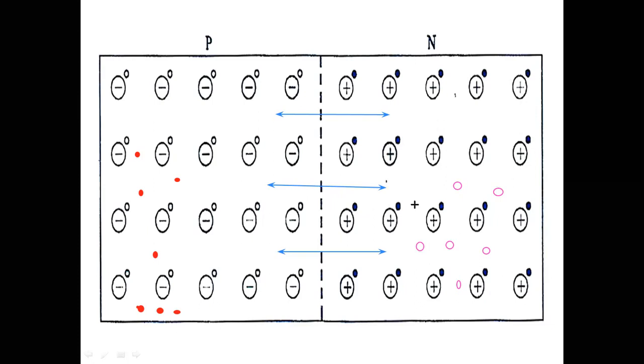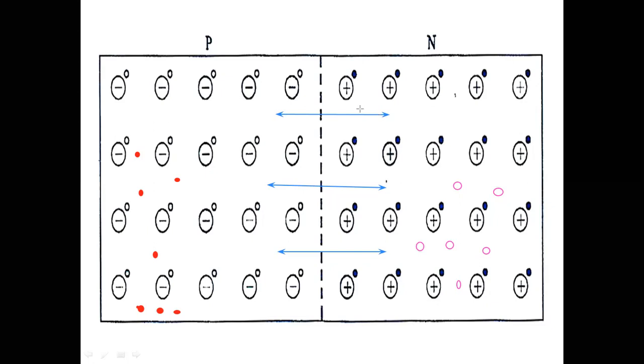Now, what is happening? The electrons which are on the n side, in the conduction band, are moving towards the valence band on the p side. So here the electron will recombine with the hole.